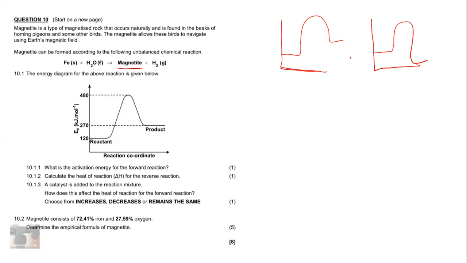Now, this is how I do this. I say this is where it starts, and here it ends at the top. I don't like the one that ends at the top. The one that ends at the bottom, I say it starts here and it exits at the bottom. That's the key word. Exit at the bottom, it's exothermic. So this energy diagram is exothermic, and this one will be endothermic.